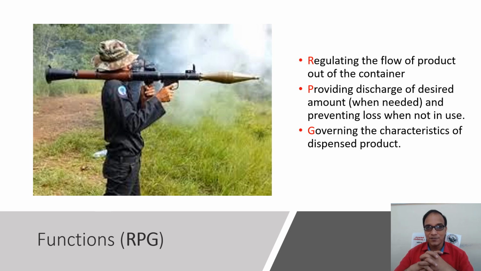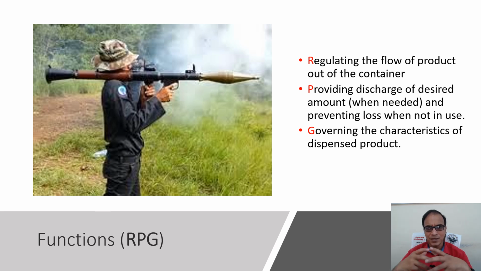No. It is the way we are going to learn these functions. RPG. R stands for regulating the flow of product out of the container. P stands for providing discharge of desired amount when needed and preventing loss when not in use. And G, governing the characteristics of dispensed product.